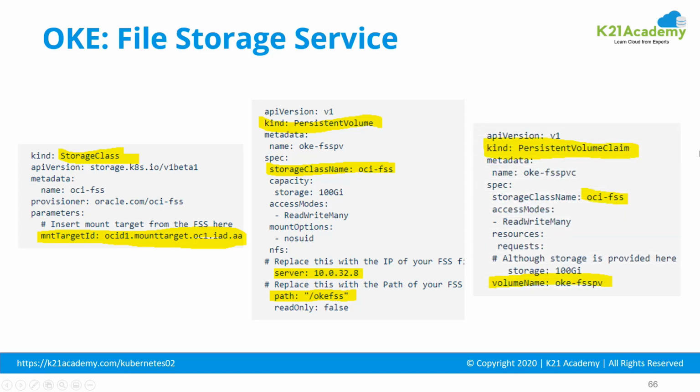And then finally, you take a persistent volume claim so that your pod can use this persistent volume, where the storage class name will match whatever you created earlier, which is OCI-FSS here through this YAML file. Now that's one type of requirement, where multiple pods running on different hosts need to access a file system or underlying storage.